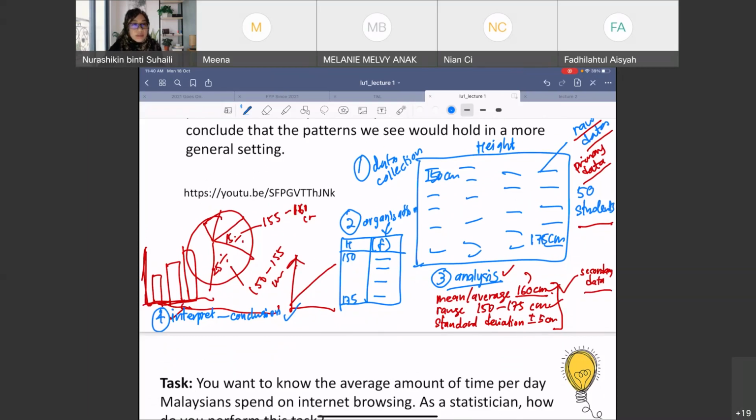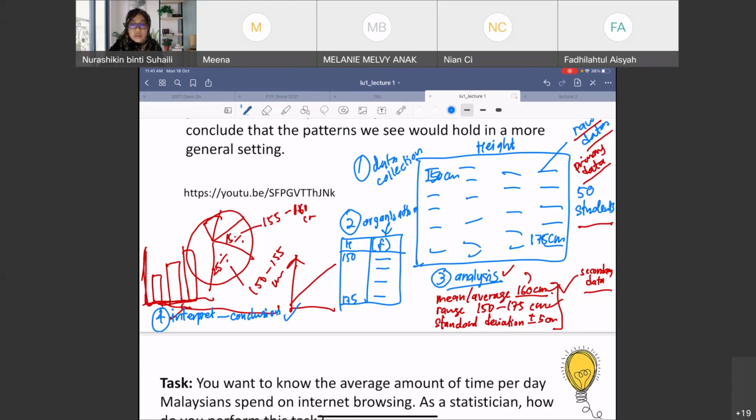The same thing goes for any examples in science. This is just a very, very simple example. For example, in zoology, when you collect various types of data, maybe you will be dealing with studies on insects, birds, animals, whatever animals. I'm not an expert in zoology, so I'm just throwing out ideas.